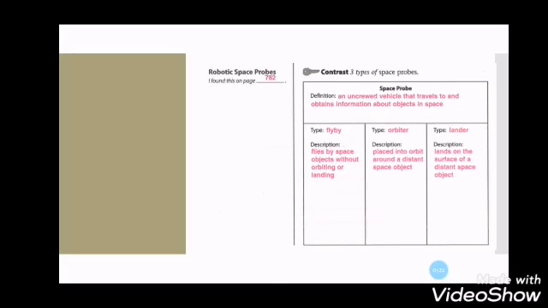The second type is an orbiter, and it's placed into orbit around a distant space object. And the third one is the lander. This one lands on the surface of a distant space object. So these are the three types and their descriptions.